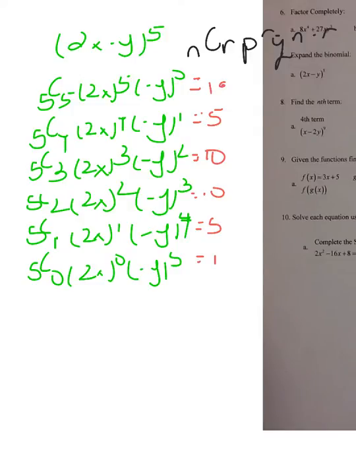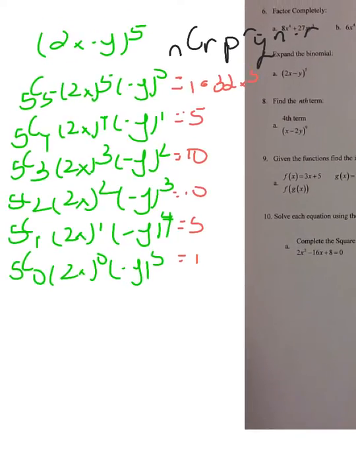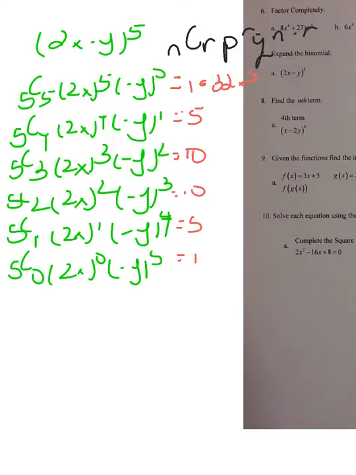2x to the fifth power is 32x to the fifth. And then we have 2x to the fourth power is 16x to the fourth. 2x to the third is 8x to the third. 2x squared is 4x squared.